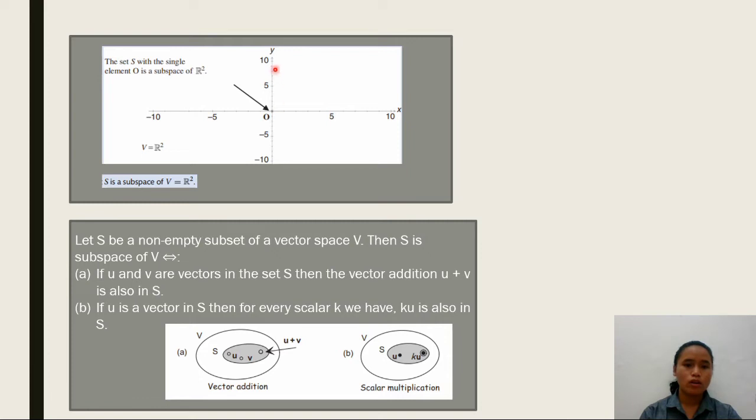This is an application in the Cartesian coordinates. So this is R2, V equals R squared, so S is a subspace of V.